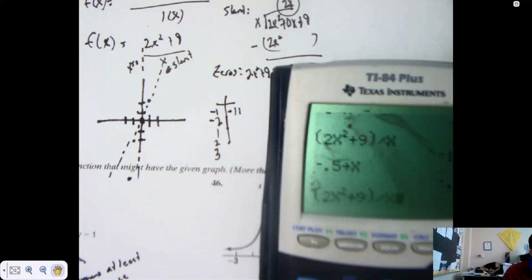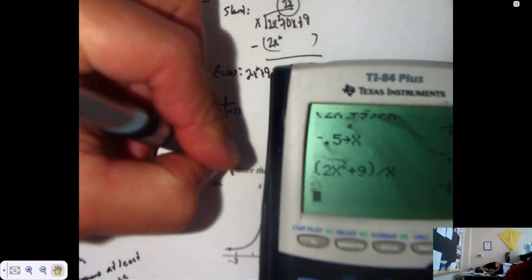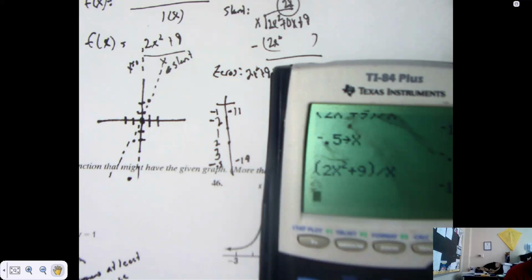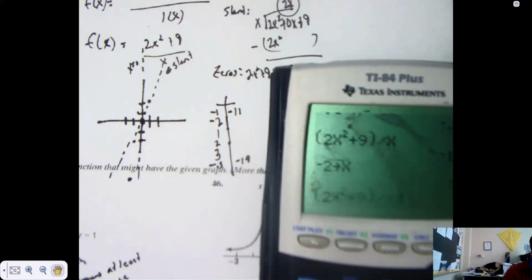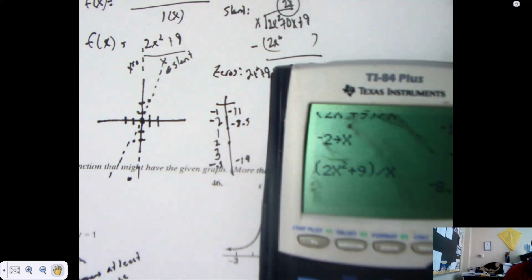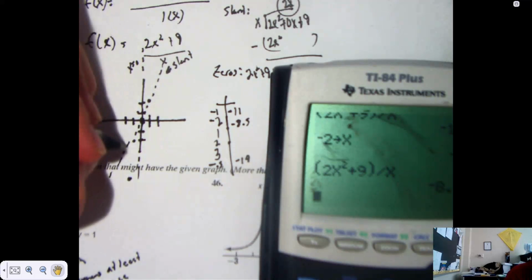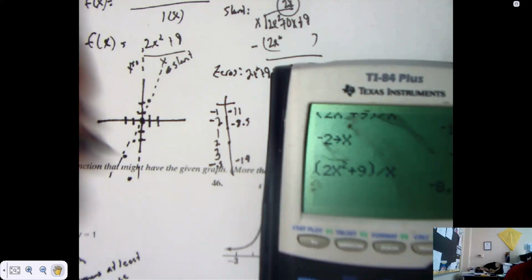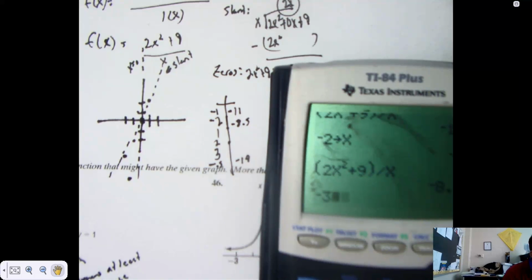So I'm adding to my table. -1 is -11, -2 is -8.5, which I really can't even grid out. Three is -9.